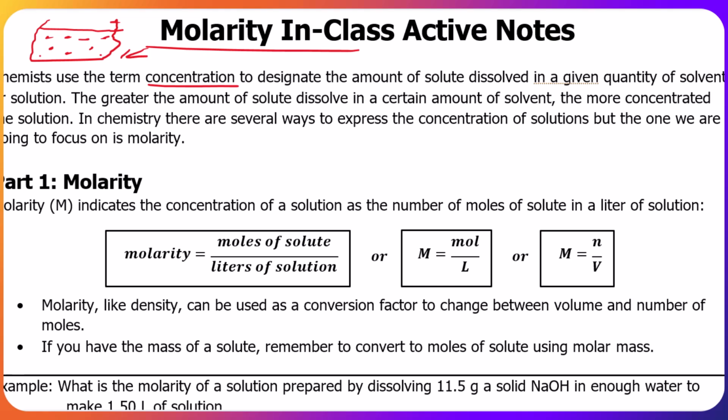Molarity tells us in this 1 liter container what the concentration of the particles in that solution is. That'd be 1, 2, 3, 4, 5, 6, 7, 8, 9 particles. We're going to call each of those particles a mole of particles. So that would be 9 moles of particles in 1 liter, and we would designate that as a 9 molar solution.